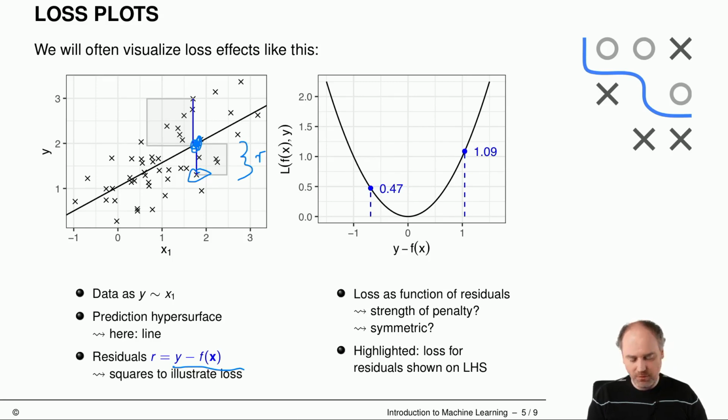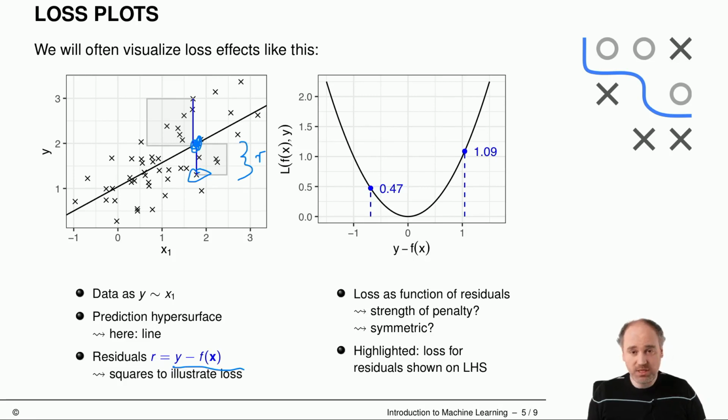Because on the left-hand side, we can only do this for one-dimensional feature spaces, and here we are disentangling this from the dimensionality of the input space. So the loss function here is simply drawn as a function of the residual, it's not rocket science. And here you can nicely see how we penalize larger residuals much more strongly because of the quadratic shape of our loss curve, okay?